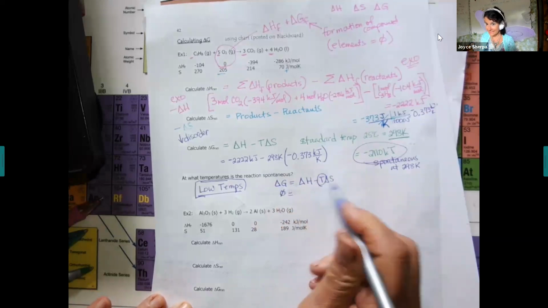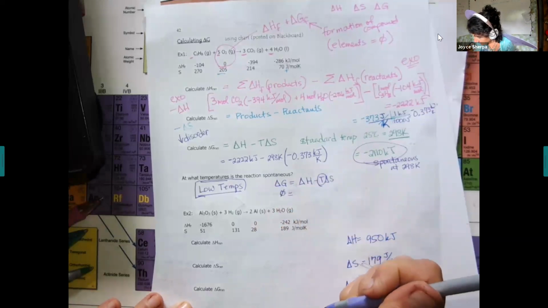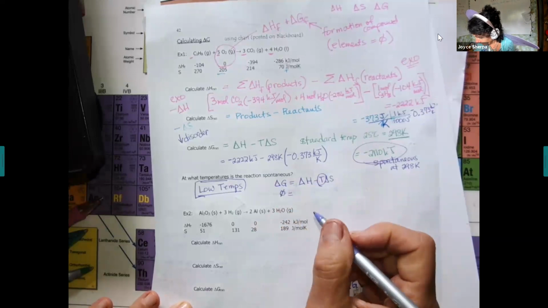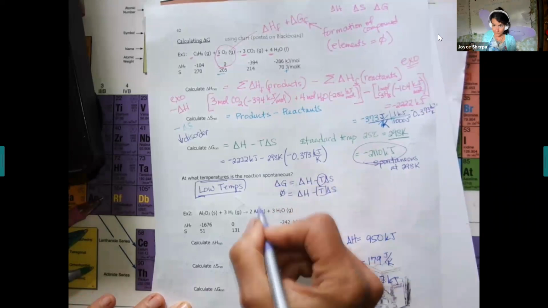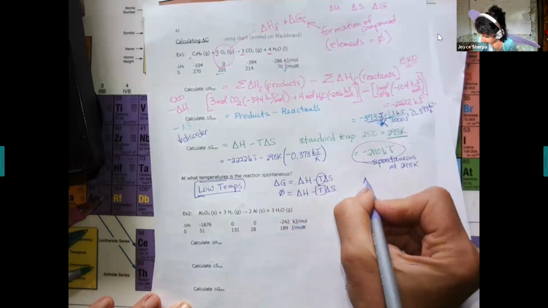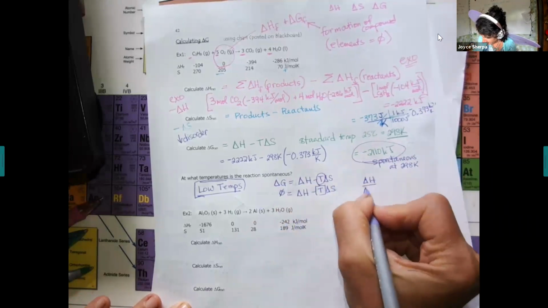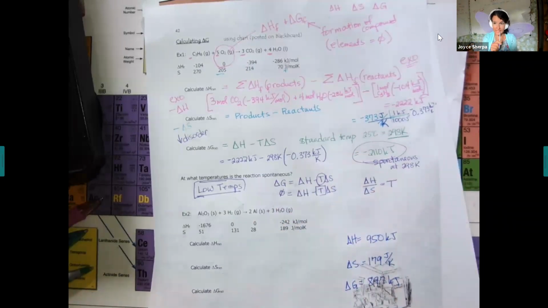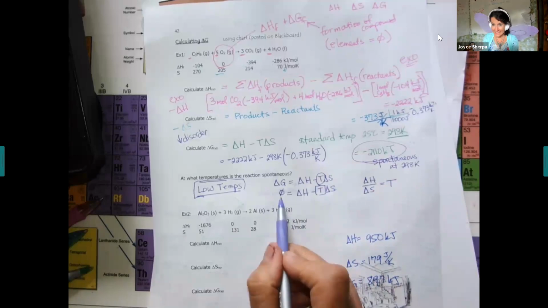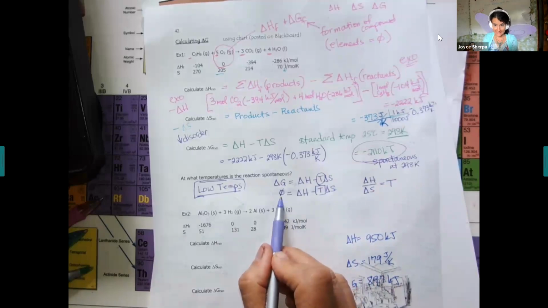We're going to plug in. Now, if you set this equal to 0, because everybody teaches it this way now, we're solving for T. If you rearrange this, you do end up with delta H divided by delta S will equal your temperature. It works because you're saying we're setting it where it's spontaneous or not.